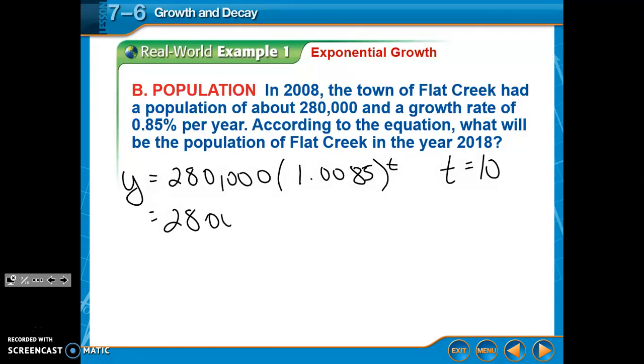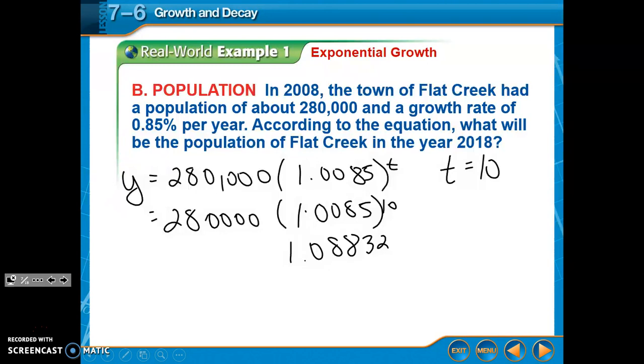So this is going to become 1.0085 to the 10. Then we just put that into our calculator and we figure out what we get. So let's start with 1.0085 to the power of 10. That part here becomes 1.08832, etc. And then we're going to do this times 280,000.